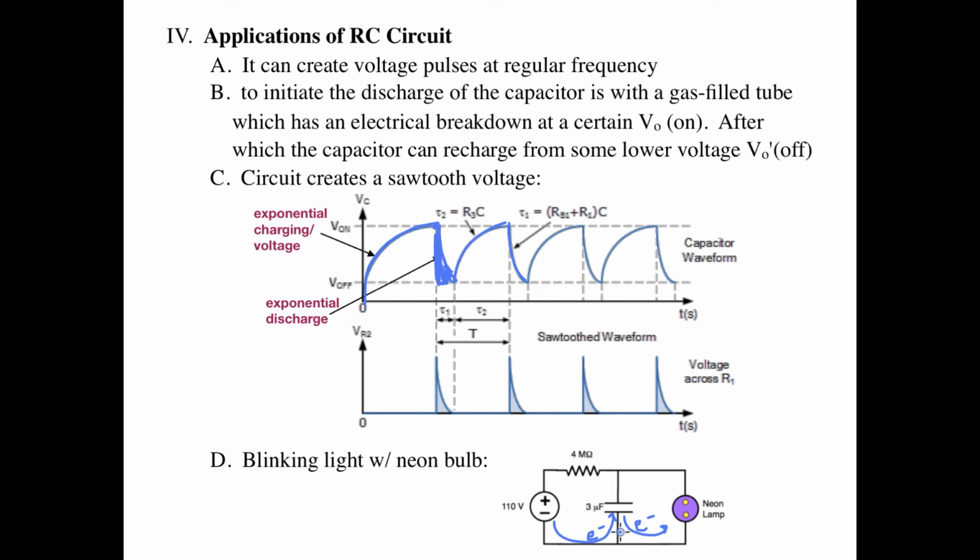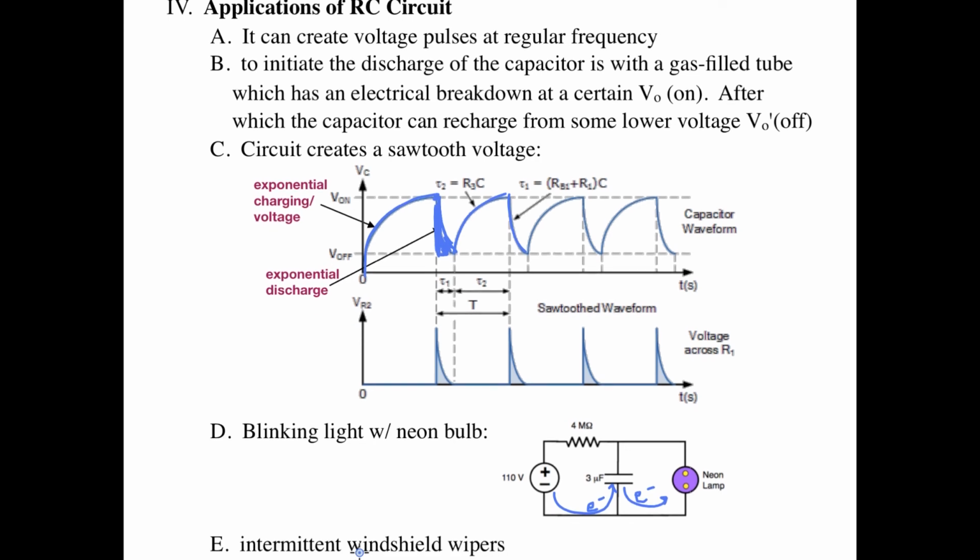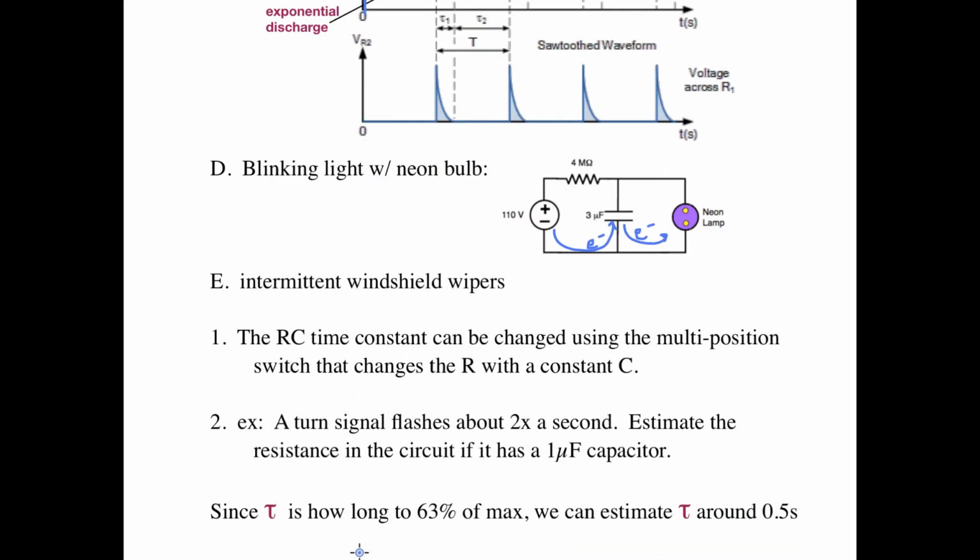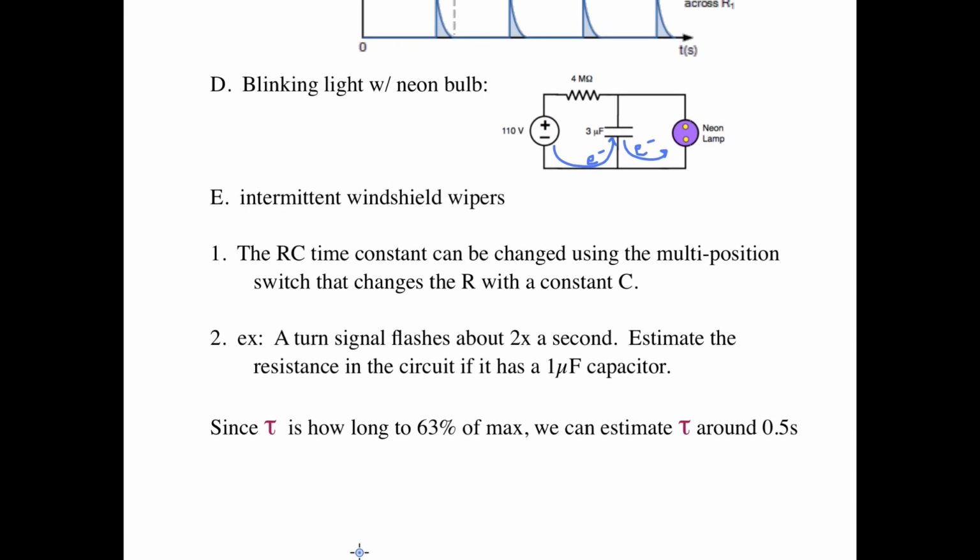And it's all based on the RC, so whatever the capacitor and whatever the resistance of the resistor is, to create a time constant that is appropriate for how we want those lights to blink. So like I said, besides a blinking light, intermittent windshield wipers are done this way.